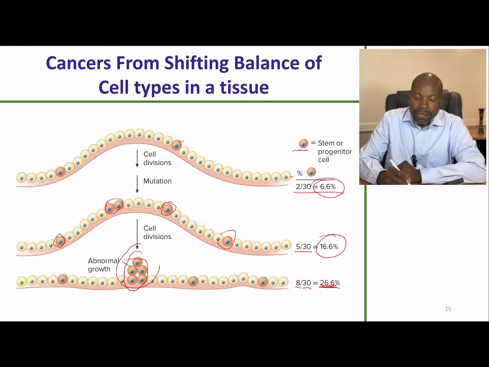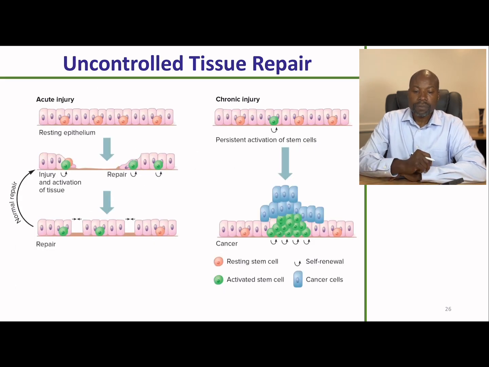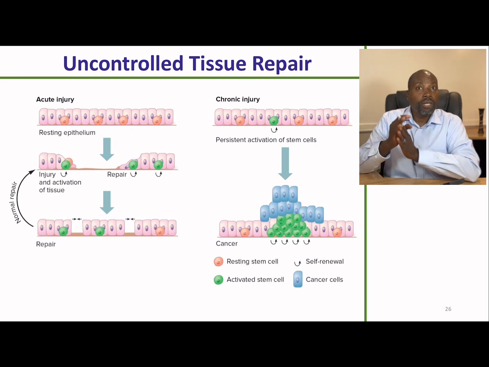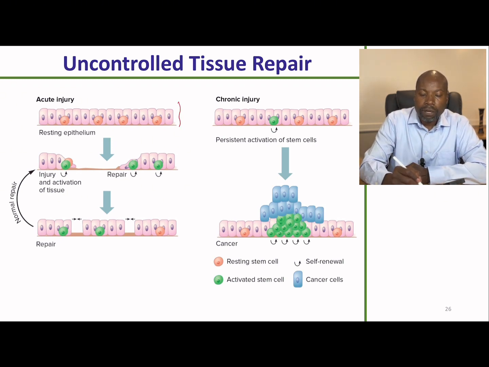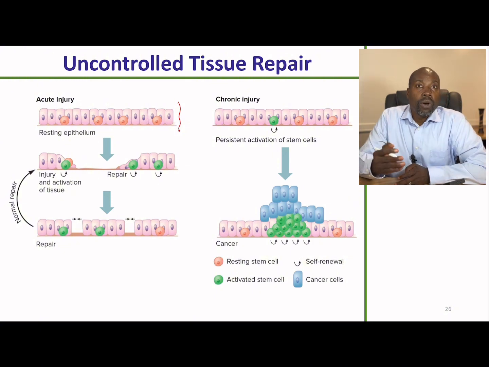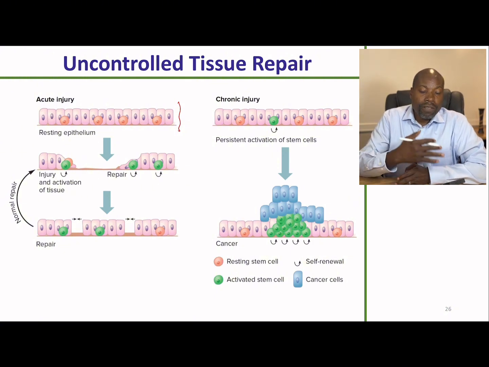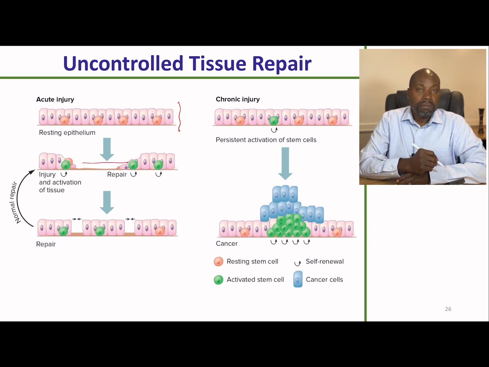So that is a mass of cell. That mass of cell represents a tumor. And then we have tissue repair. Now, in a normal condition, right, we're going to have epithelium here, say the skin, or the lining of the digestive tract, right? Say we have a damage in the skin, for instance, a burn, right?